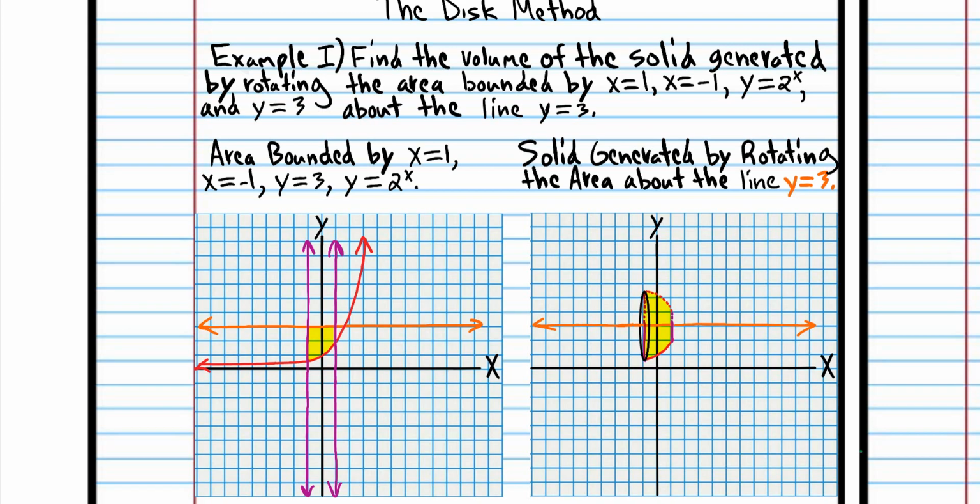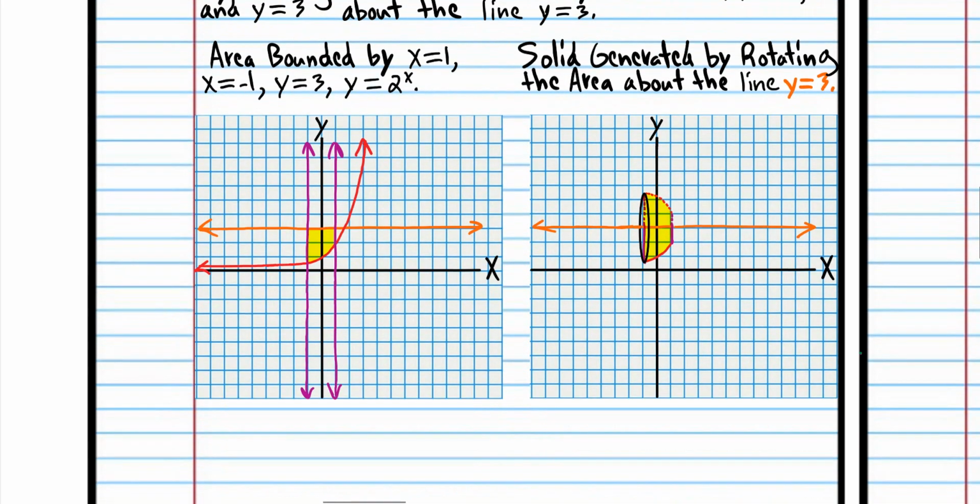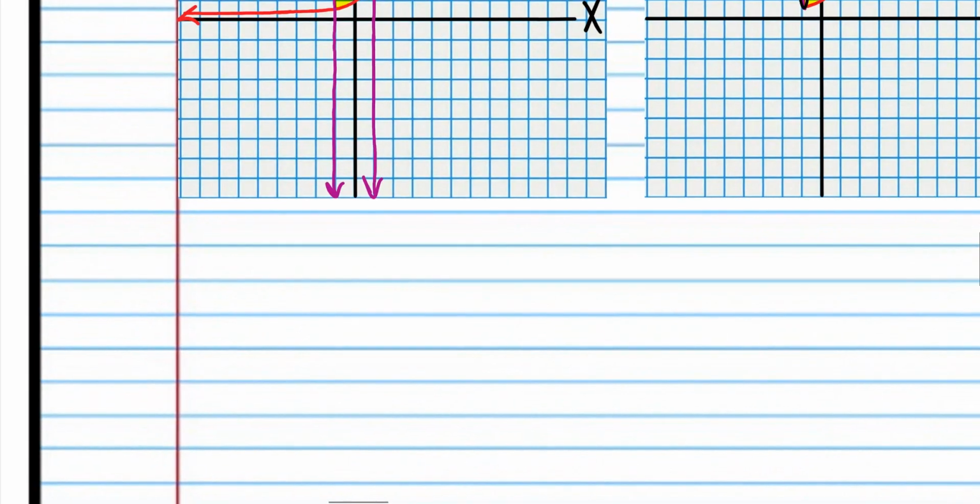What's going to make this different is that we have to put a little more thought into calculating the radius of each disk. Now you can see we have a cup shape when we rotate that area about the line y equals 3. So let's find the volume and we'll see what happens.